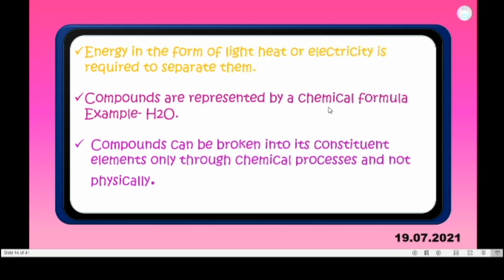Compounds are represented by a chemical formula. For example, water. What is the chemical formula of water? H2O. Compounds can be broken into their constituent elements only through a chemical process, not physically. We can separate the constituent elements from compounds only by a chemical process. We can't separate them by physical methods.